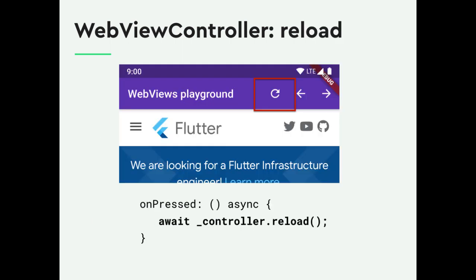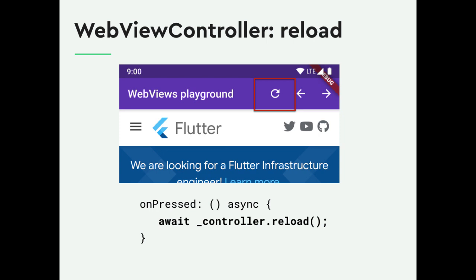I have on my app bar this refresh icon button because I want to refresh my website if something is wrong, for example. How can we invoke this reload action from the controller? On pressed from your icon button widget, you do an async call and call this controller reload method. Straightforward, that's it.